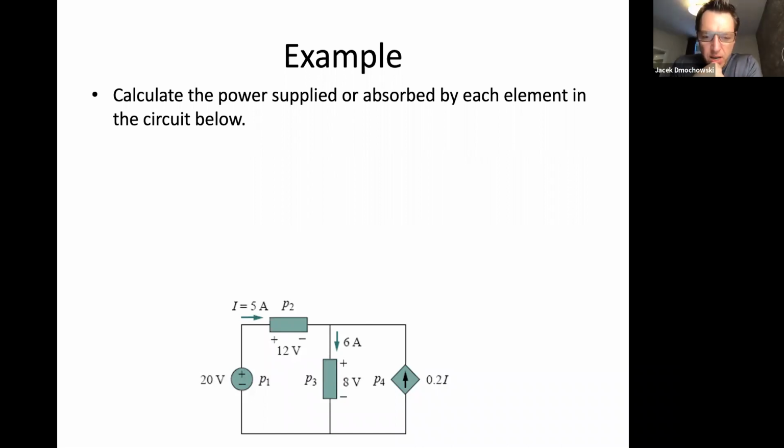Right, and so when we go to compute power and we want to multiply voltage by current, what should be the sign? Should it be a positive or a negative sign?